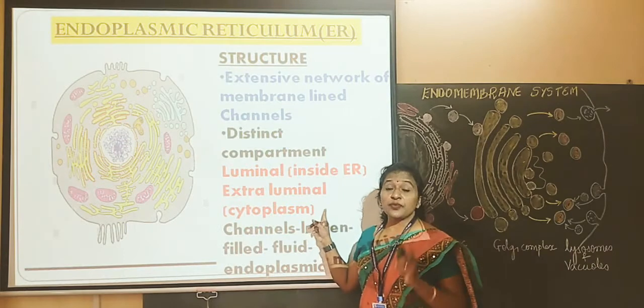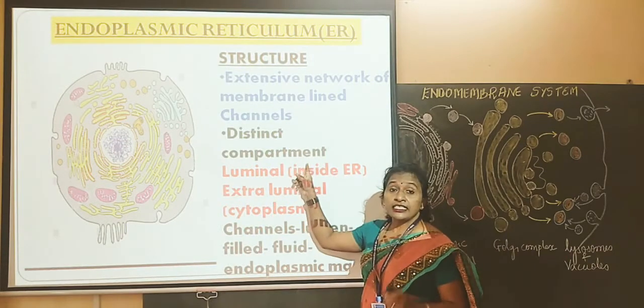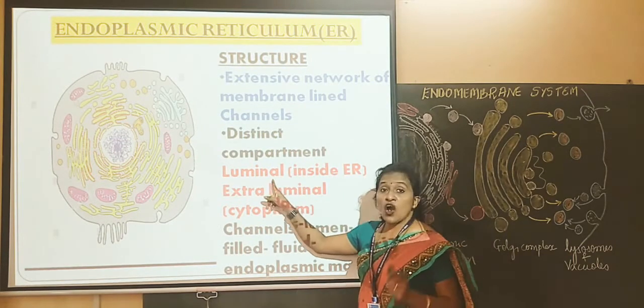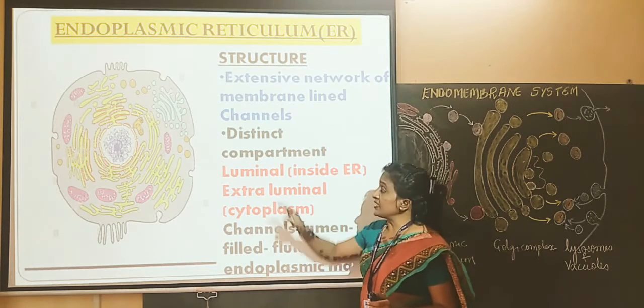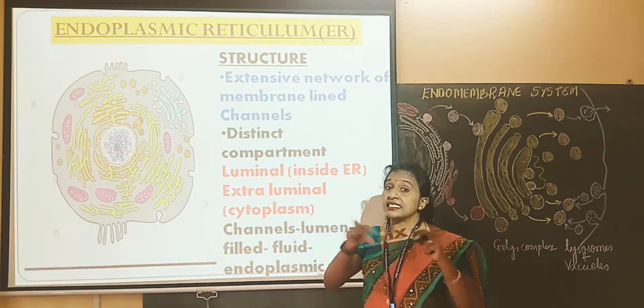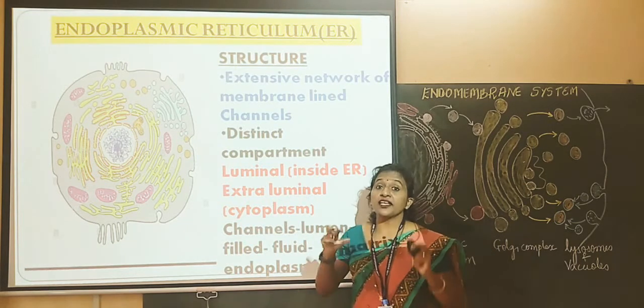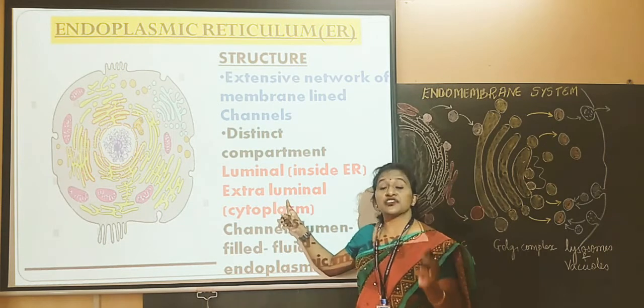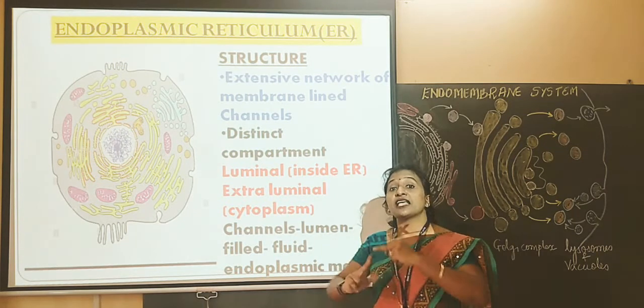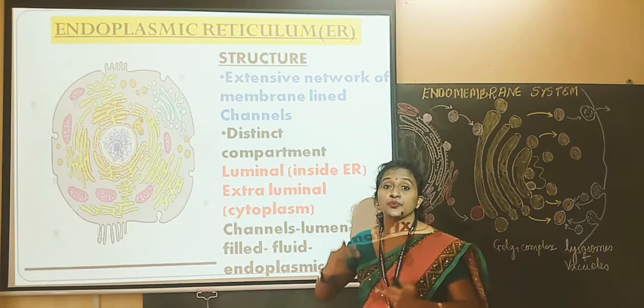The endoplasmic reticulum has distinct compartments called luminal and extraluminal. Luminal is the one present inside the membrane-bound endoplasmic reticulum, and extraluminal is the one outside the endoplasmic reticulum.